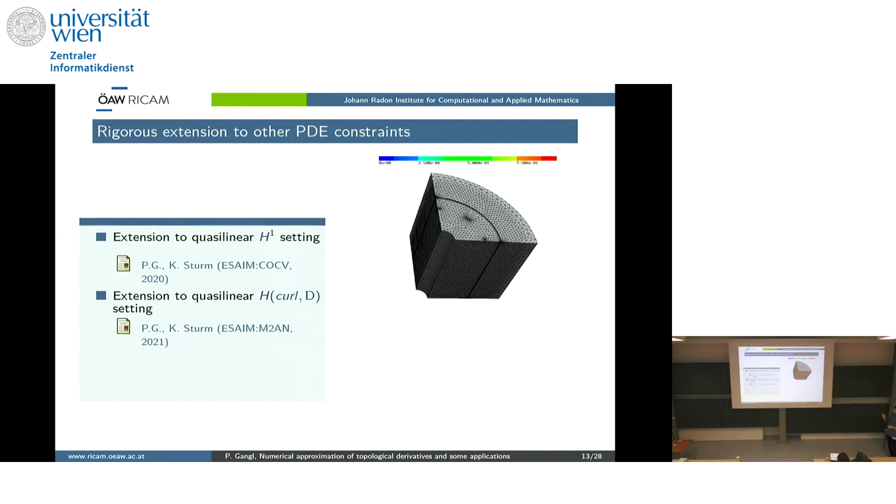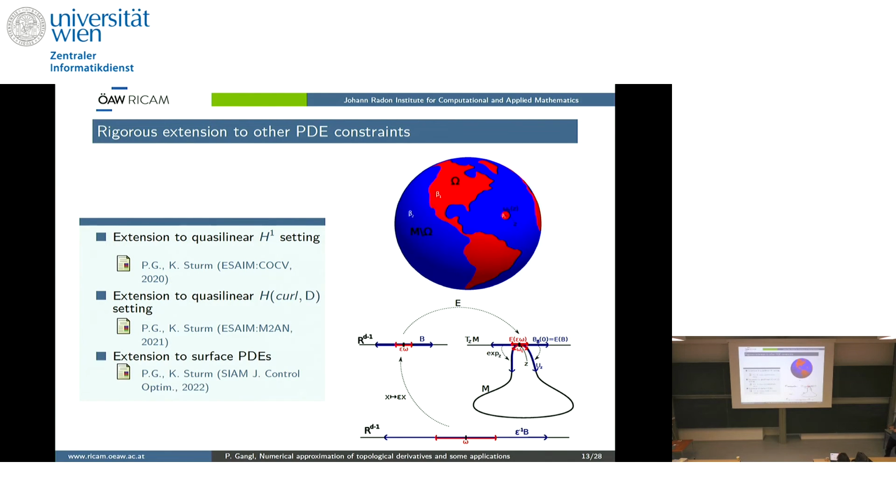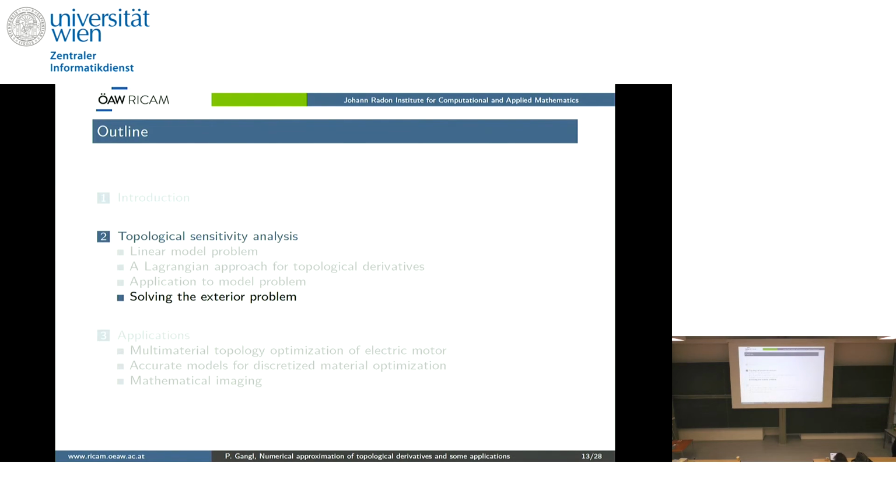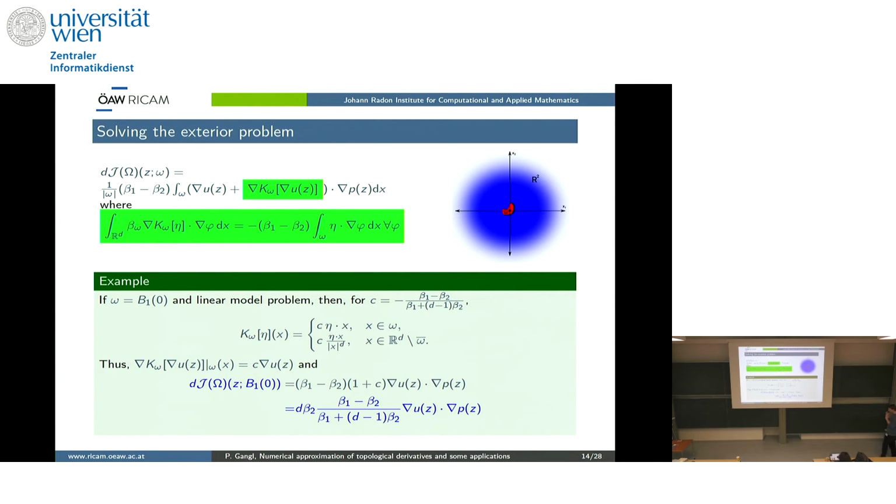We also did it in the case of 3D magnetostatics, which corresponds to 3D electric machines, and also for surface PDEs, but I think here we used a different method, the adjoint method. Side remark.